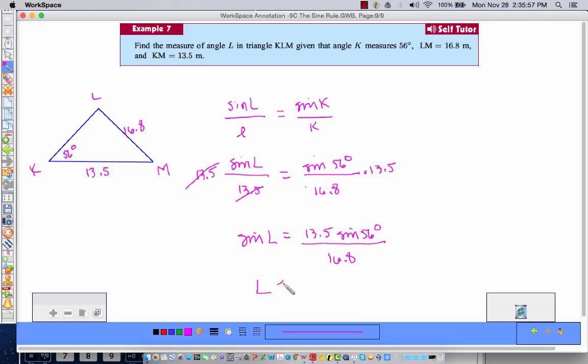So L is approximately equal to the arc sine of 13.5 sine 56 over 16.8. Again, put all of this in your calculator. And I will tell you that that is approximately equal to 41.8 degrees.